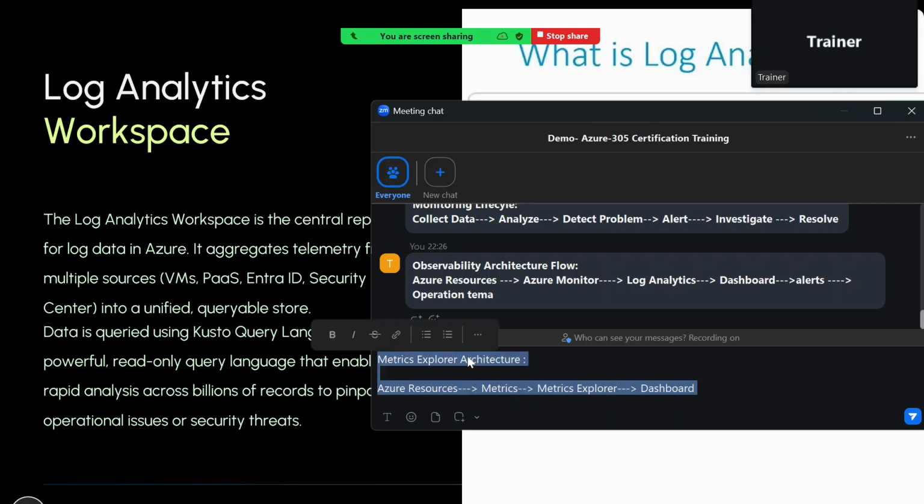Okay, so this is the Metrics Explorer architecture workflow.